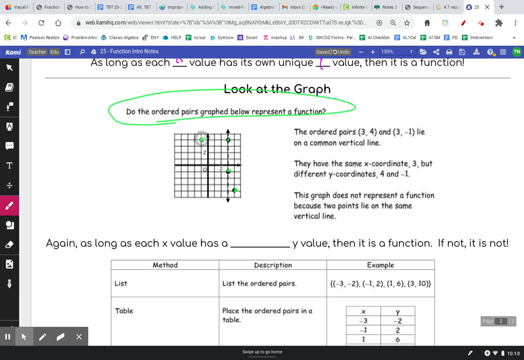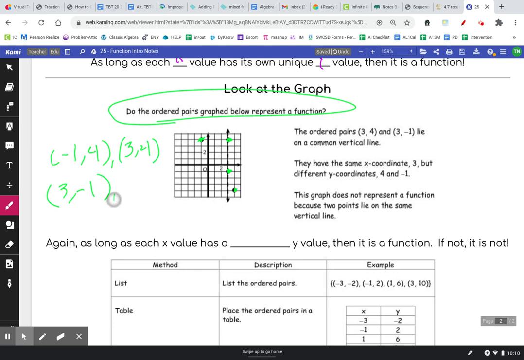We'll call this first one point 1. That point is at -1, 4. I'm going to list the second point here. That second point looks like it's at 3, 4. The next point we have here is at 3, -1. That's this point here.